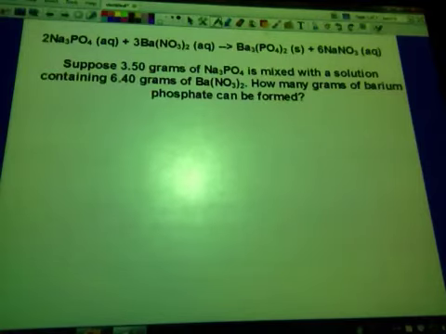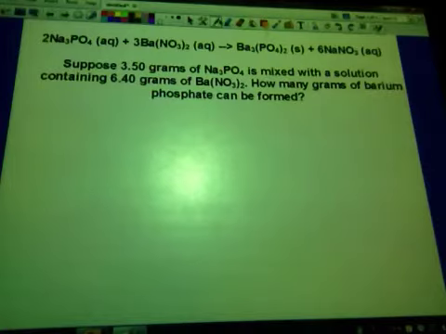The reason I can say that sodium phosphate is my excess is because barium nitrate was my limiting. So that means this one must be what's in excess. So sodium phosphate, again, that's my excess reactant. I want to know how much of it will be used up in the reaction, and then how much of it will be left over after the reaction is done.